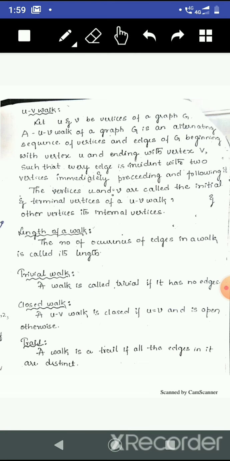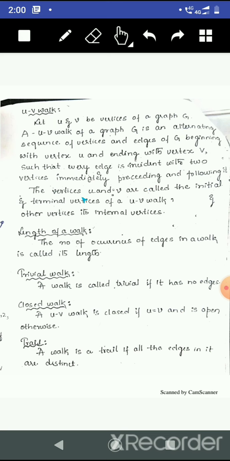Next, the UV walk. Let U and V be vertices of a graph G. A UV walk of a graph G is an alternating sequence of vertices and edges of G, beginning with vertex U and ending with vertex V, such that every edge is incident with the 2 vertices immediately preceding and following it.